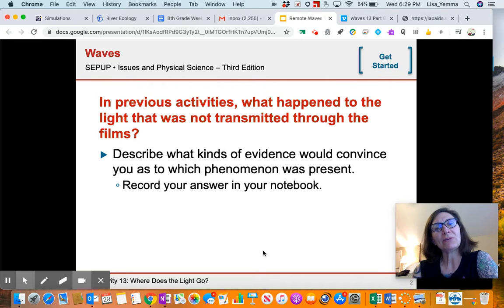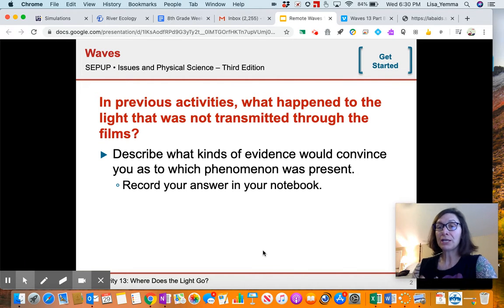So what happened to the light that was not transmitted through the films? We talked about that a little bit, but how would you prove that? How would you show someone who's like, no, I don't believe you, I'm skeptical, and then you would say, well, wait, let me show you this evidence. We had 3 different films, and when we set them up in the phospho box, I know that the films absorbed the energy differently because the temperature in the phospho boxes changed at different rates.